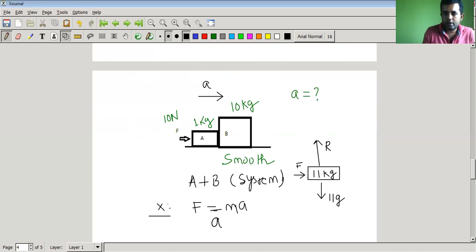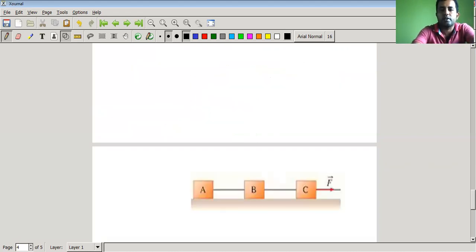So acceleration will be, F is given to be 10, mass is 11, so 10 by 11, it is something like 0.9 meter per second squared. This is the acceleration. Now let us go one step further.